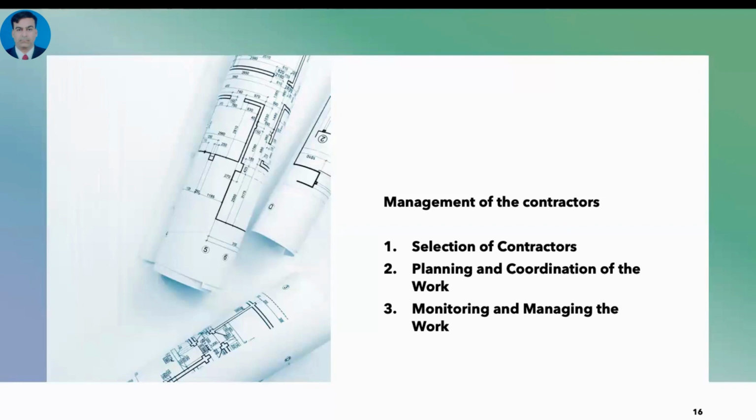The client will need to monitor the contractor's work to ensure that they are working to agreed health and safety standards. If the client identifies that the agreed safe working methods are not being followed, then it is in their best interest to stop the work so that the issue can be addressed.